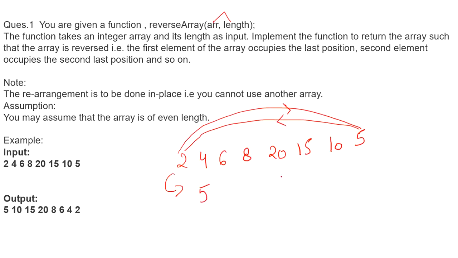So 5 and 20 will be shifted. The second element will be the second last element and the second last element will be the second element, right? Then we will swap these as well, 15 and 10.